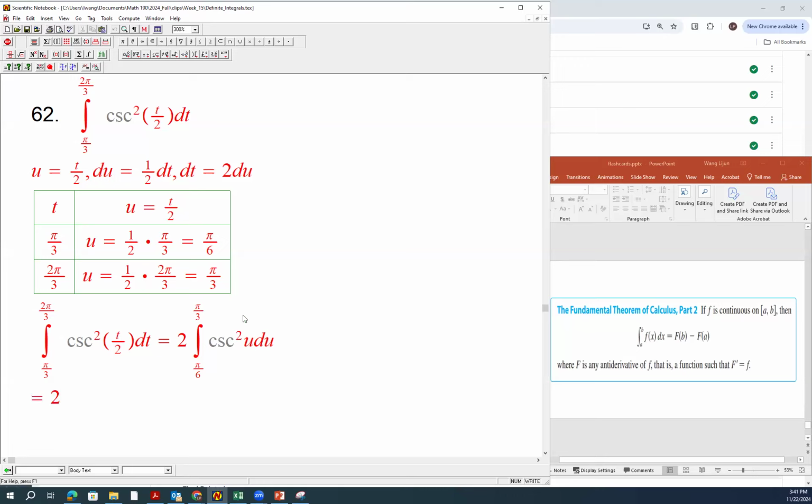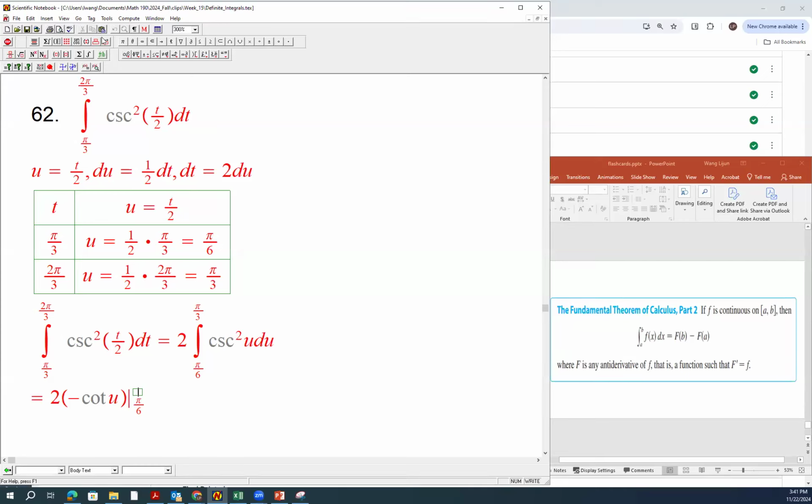The antiderivative of cosecant squared is negative cotangent of u, evaluated at pi over 6, upper limit pi over 3.